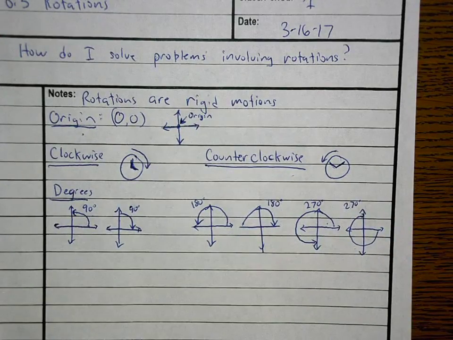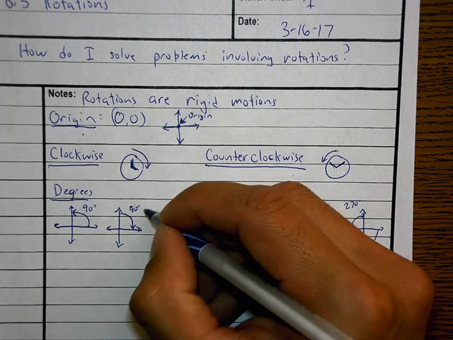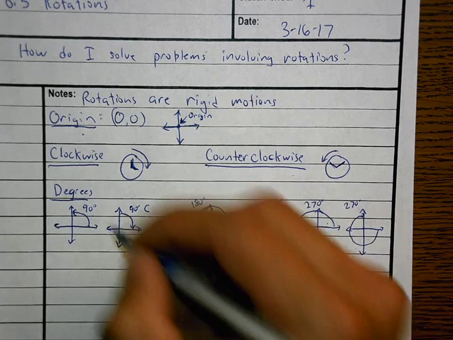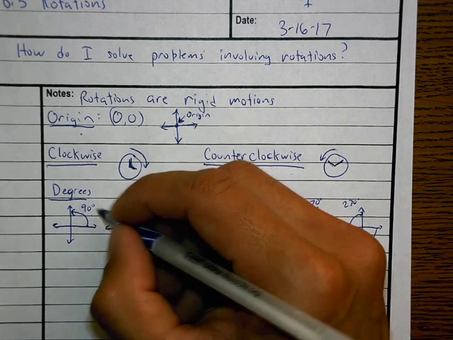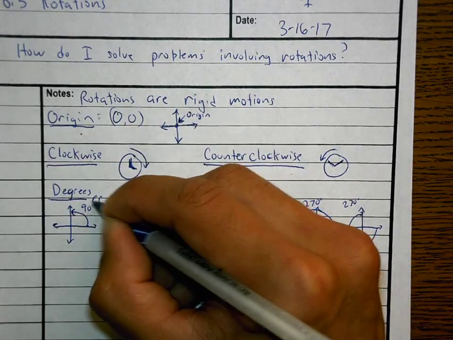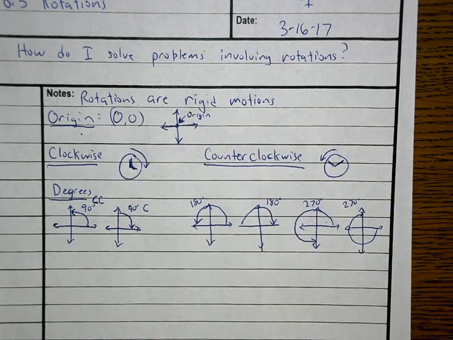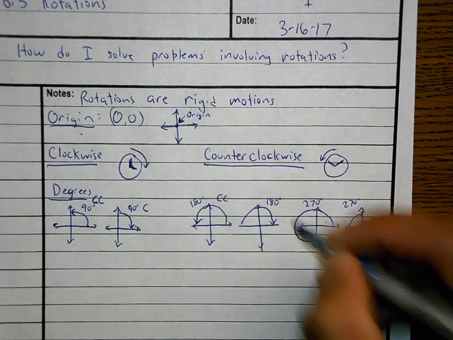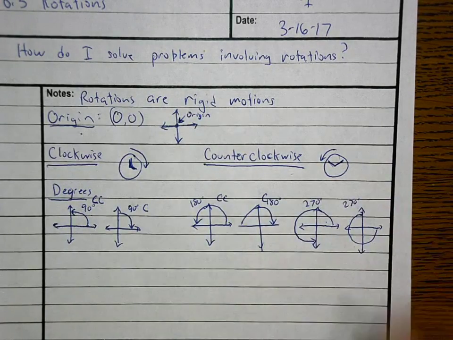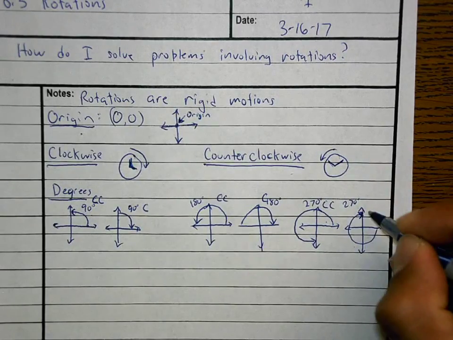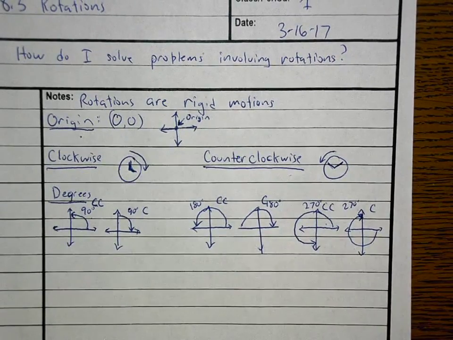So I'm going to label these. I'm going to put C on the ones that are going clockwise, and then for counterclockwise, I'm going to put CC. C for clockwise, CC for counterclockwise, just in case you need to know.